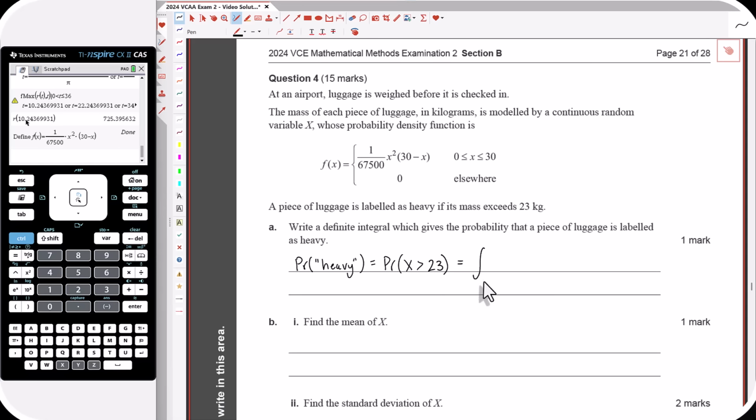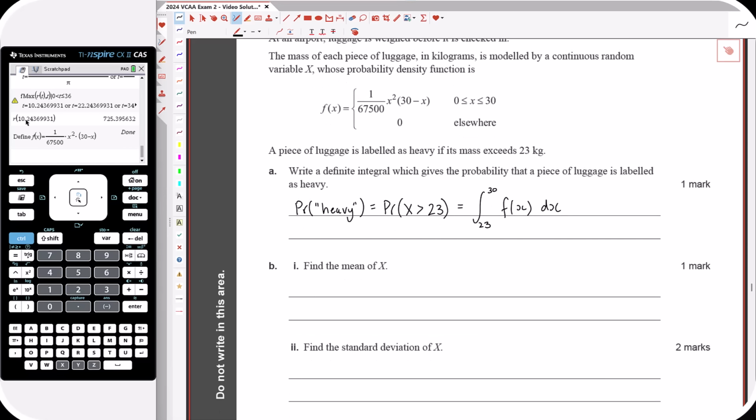So as an integral, that means integrating from 23 up to 30, which is the upper limit, of f of t dt. Sorry, f of x dx. I'm used to t's from the last question. No need to write out the expression. If the function's defined in the question, you can simply refer to it as f of x. It avoids transcription errors and just saves time.